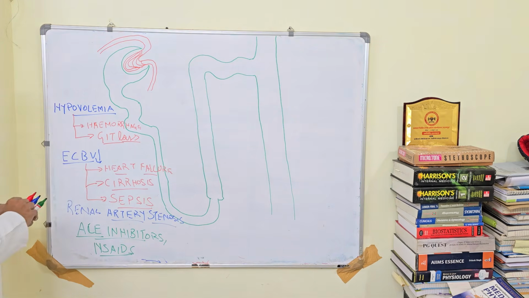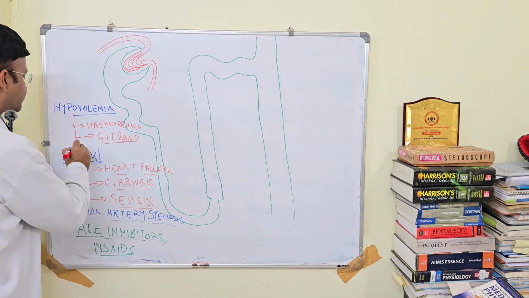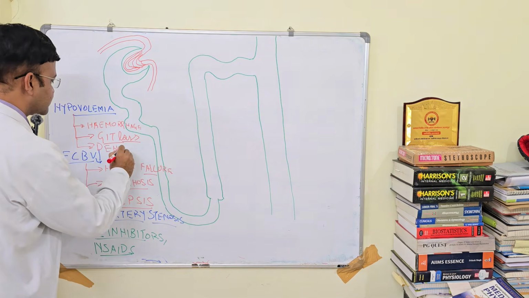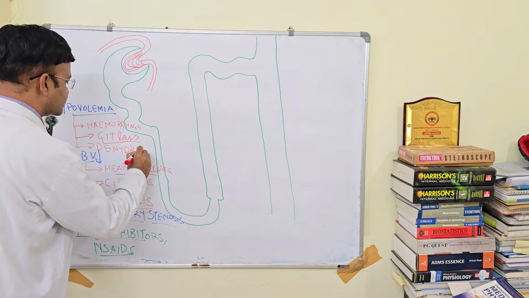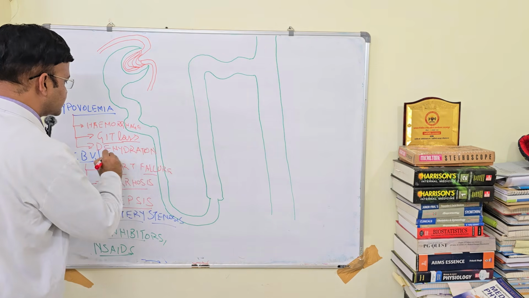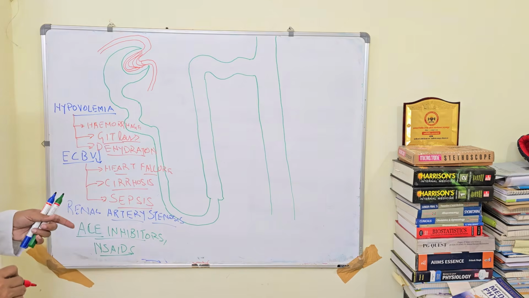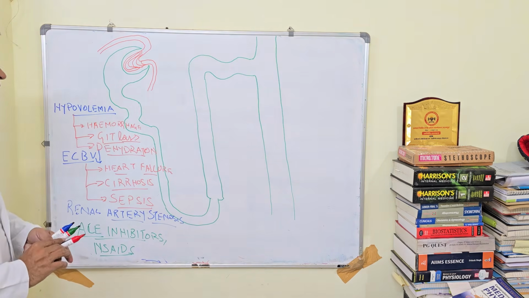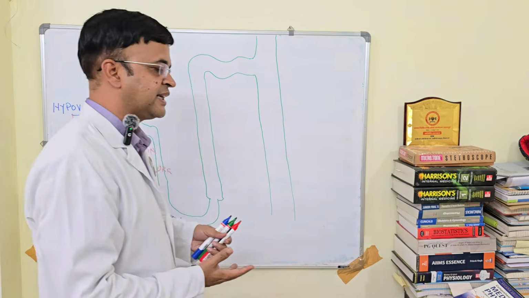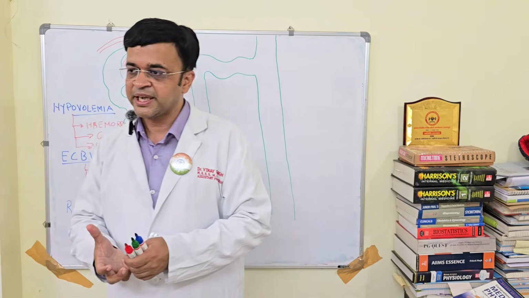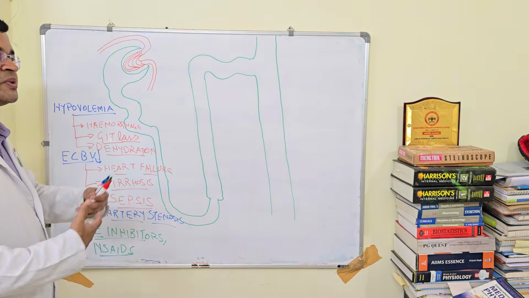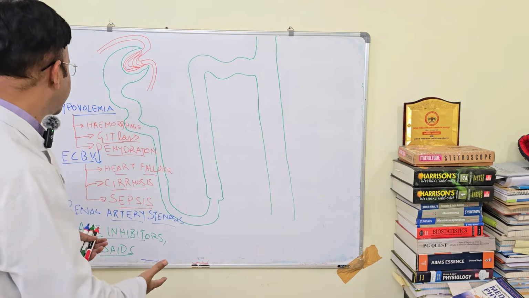Right? Here we can also write dehydration. So as far as pre-renal is concerned, we have so many causes, right? Less volume is coming, right? The less volume can be due to hemorrhage, diarrhea, or dehydration.